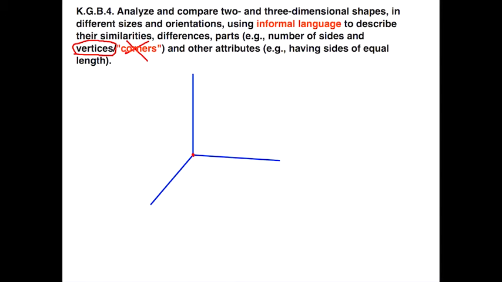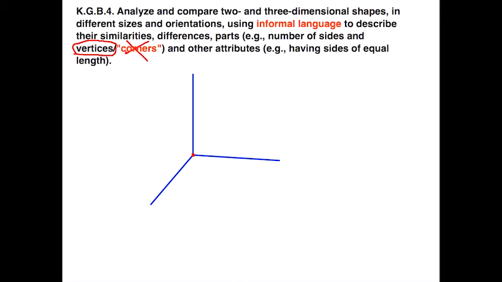And that's totally different than that one point, the vertex, that constitutes mathematically the corner of the room. So again, there's some danger with the informal language here. The term corner doesn't exactly lead us to a single point.